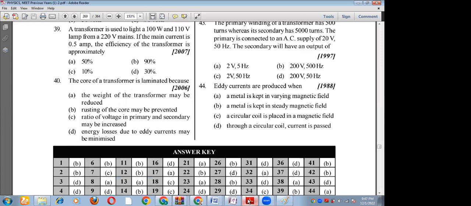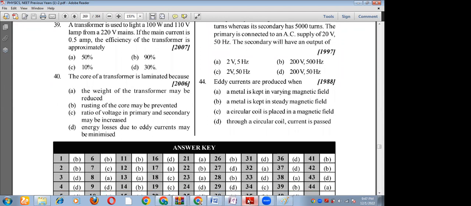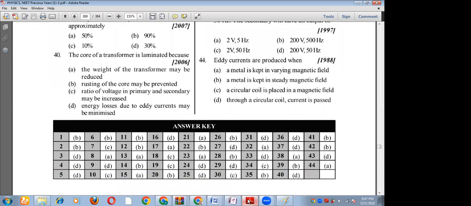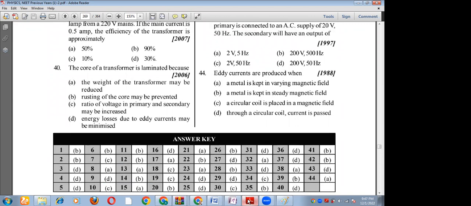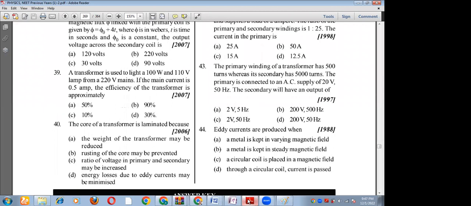Theoretical question you can do like 40. What it says according to 40: the core of a transformer is laminated because of energy loss due to eddy current. Generally, lamination is done to minimize eddy currents. So for 40, we are laminating the core to minimize the eddy current loss, right?